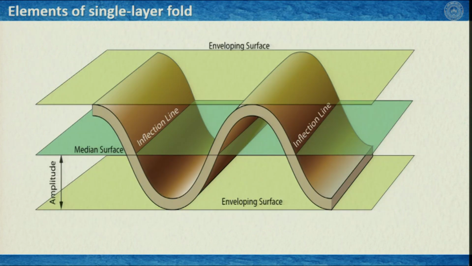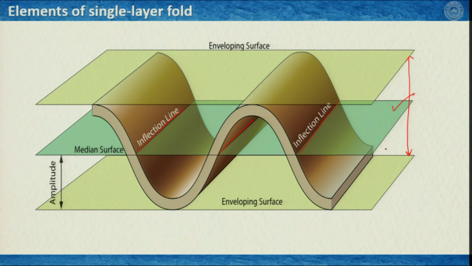Let us have a look in a better way. So, again this is the fold, and this is the enveloping surface which envelops the fold. The distance from here is known as fold height. The median surface is the green one that connects the successive inflection lines.